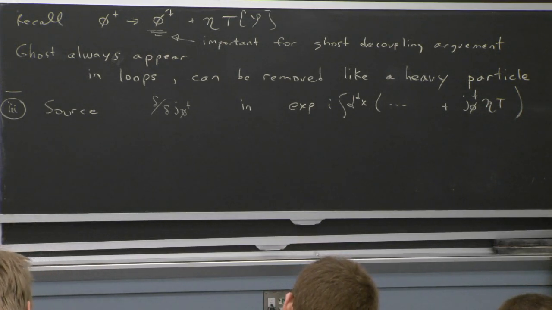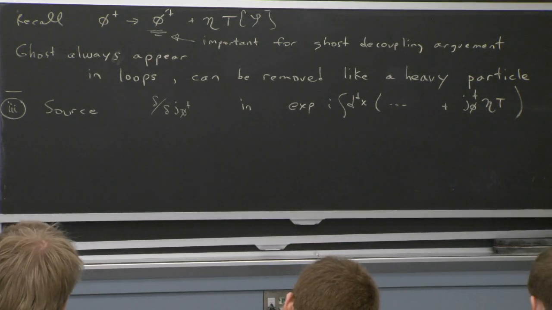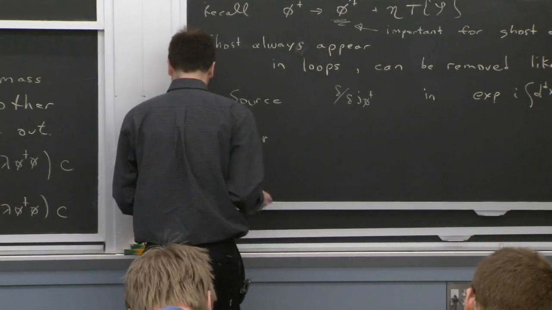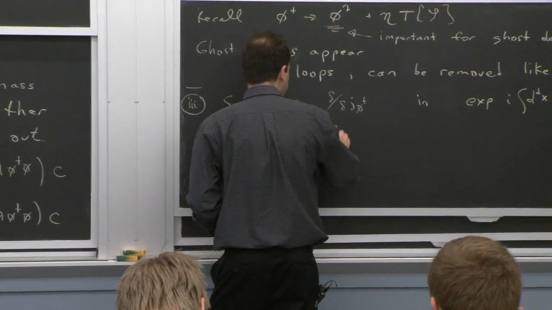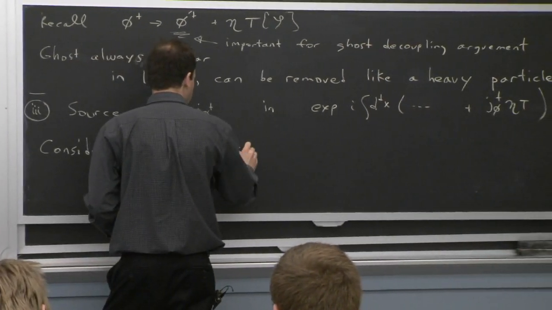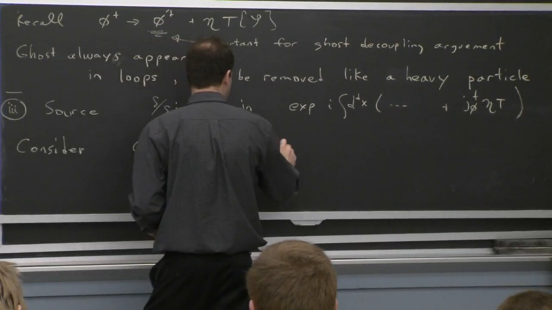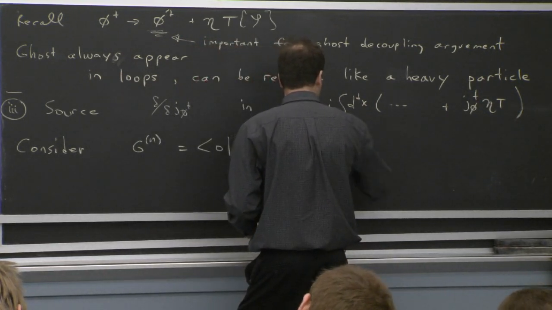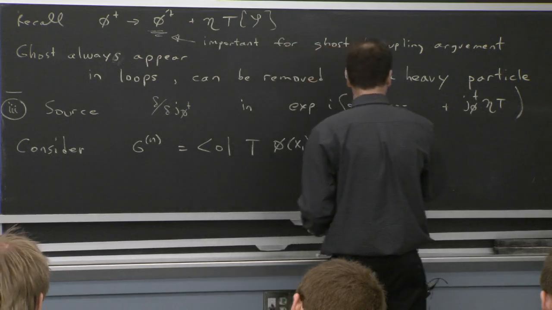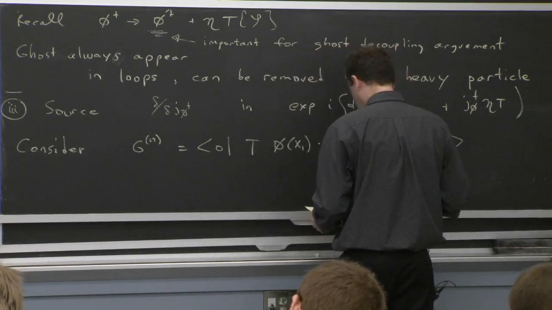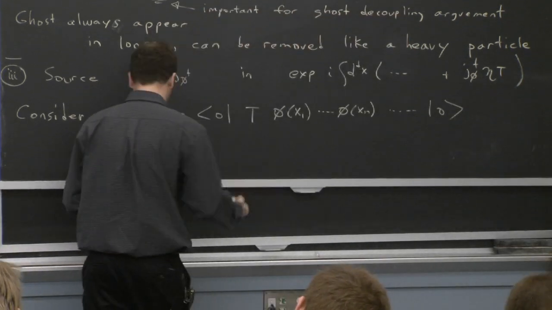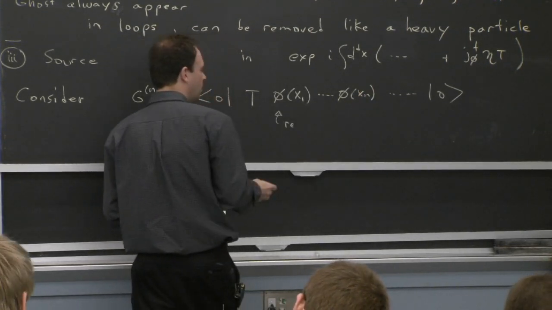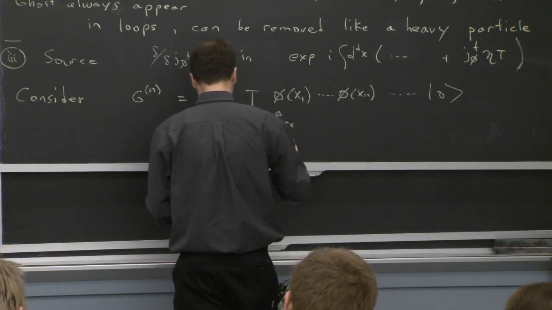And this is where it's important that we're actually considering observables. So we need to consider observables. So let's start by considering some Green's functions, or time order products. So I'm just taking a string of fields. I could have some other fields here as well.